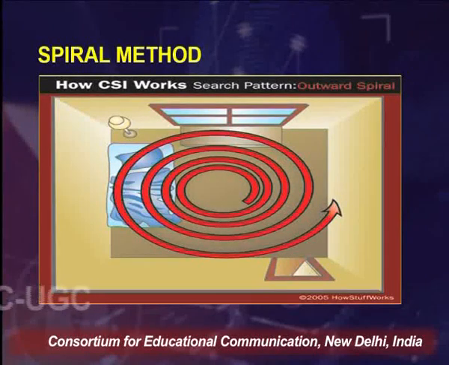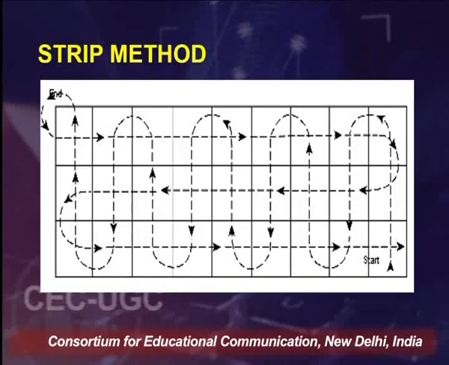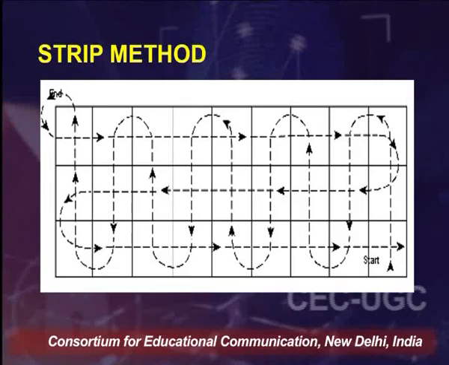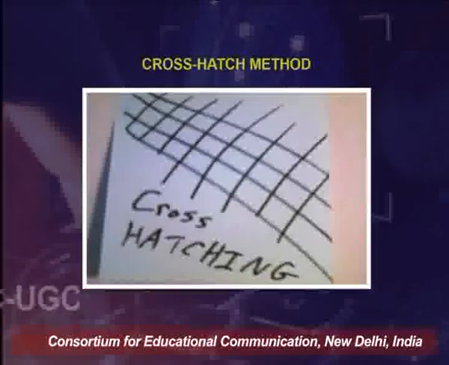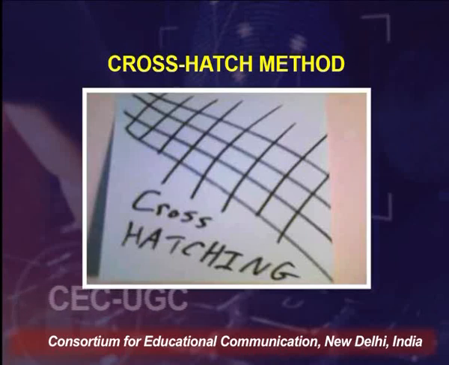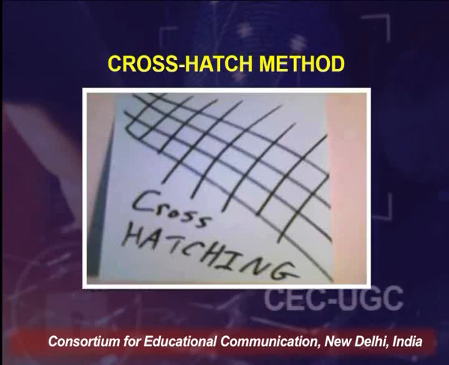The spiral covers basically all the area. While moving in the spiral, the investigating officer should look towards the left as well as right of the crime scene. In the strip method, one investigating officer can start from one point and another IO from the other point. In the crosshatch method, they should go vertically and then horizontally, looking towards their left as well as towards their right.